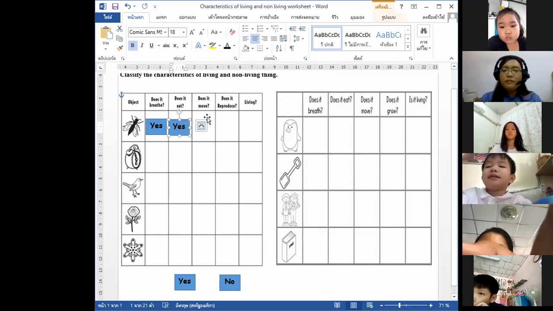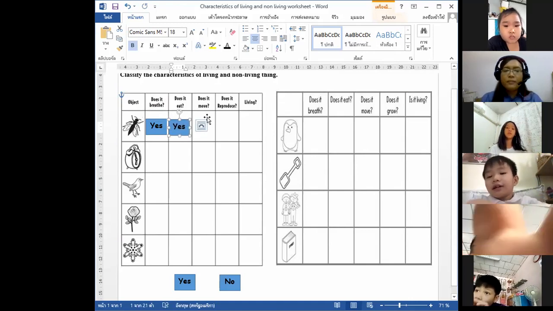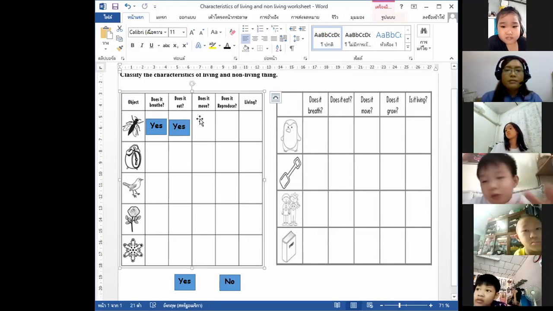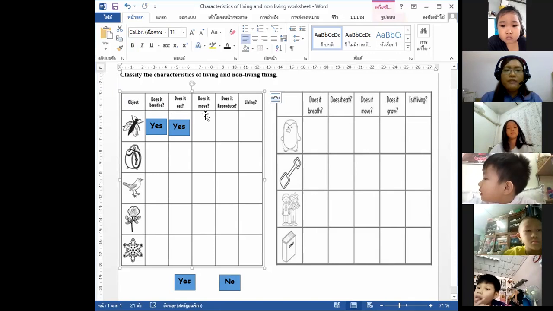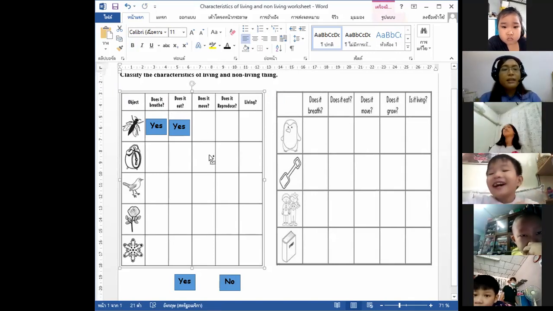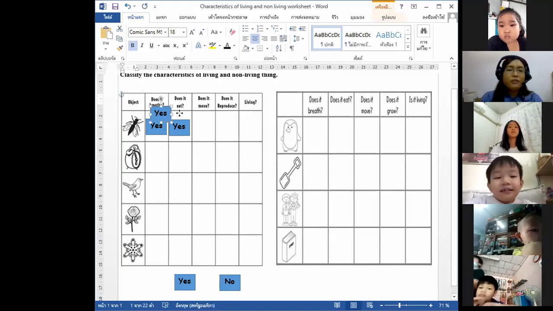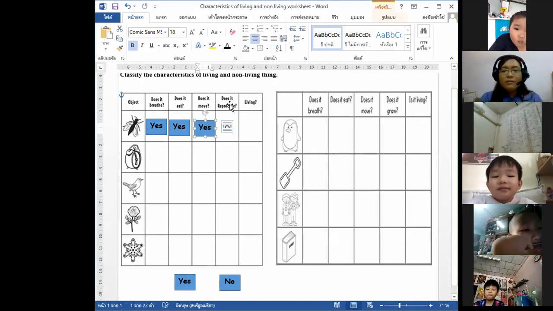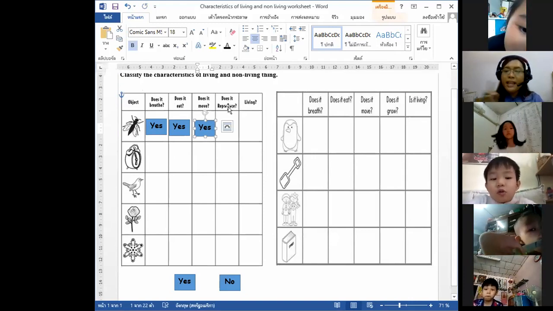Does it move? Fly moves. Does it move? Yes or no? Yes, of course. They fly. Okay, number 4. Oh, Campi, don't make any noise.